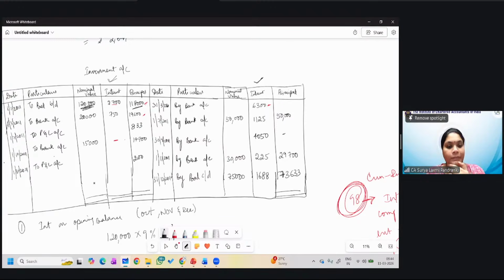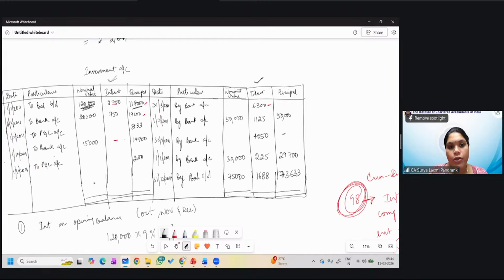Done? Check the balancing figure. Is it all matching? I think the interest column will not match. Others should match. Check the balancing figure. Interest column, I don't think it will match.